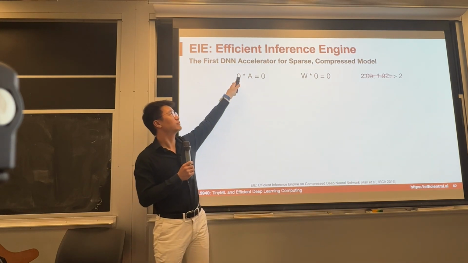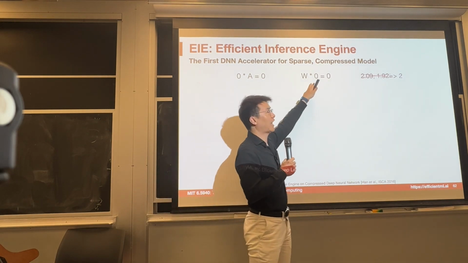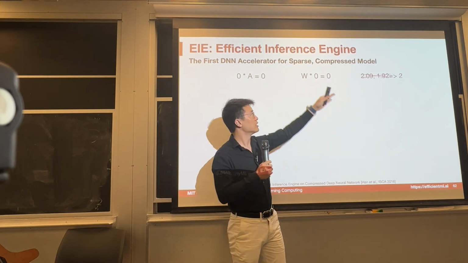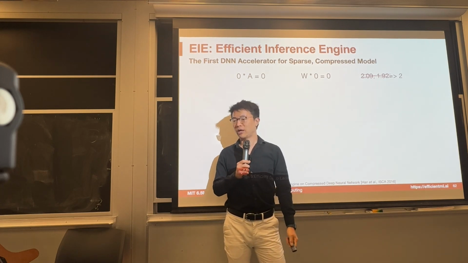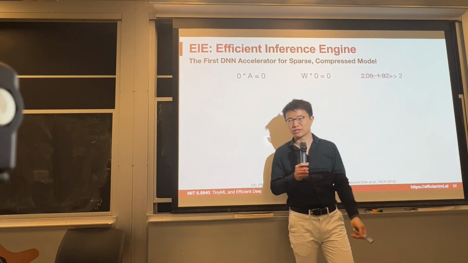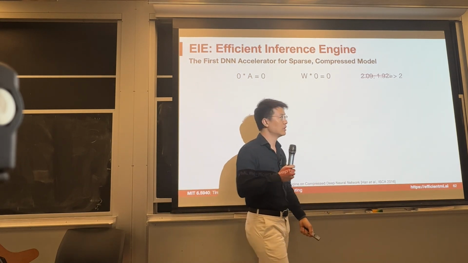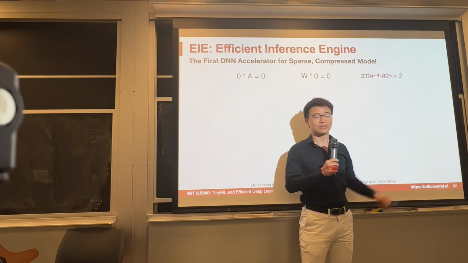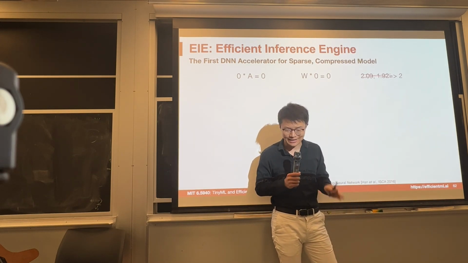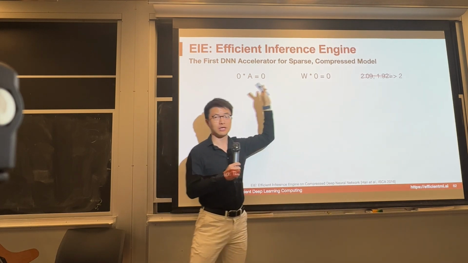If the weight is 0, you don't have to multiply with the activation. If the activation, say after ReLU, is 0, then you don't have to multiply with the weight. And the third principle is that a neural network doesn't have to be precise. You can quantize it, you can approximate it, which we'll cover in the next lecture. That's the next lab as well, about quantization. For now, let's focus on these two parts.